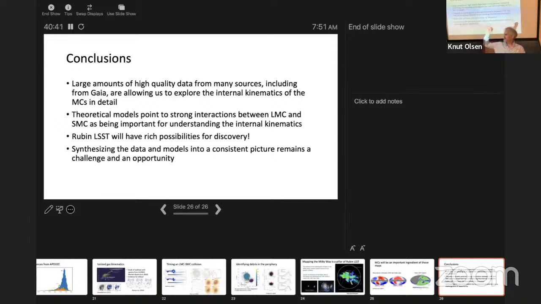So the outlier stars I was showing are in the main body of the LMC, at a much smaller radius than where those large-scale warps are, which are out at about 10 kiloparsecs and beyond. But we do have some evidence of smaller-scale warps within that area, so it could have an effect.